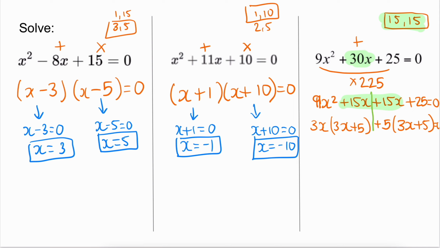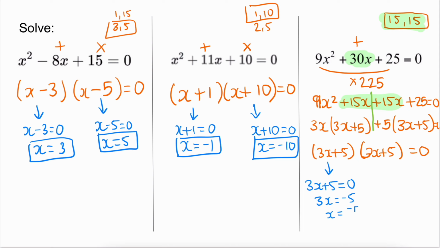So now I know that when I factorize it, I have the bit outside the brackets, so the 3x plus 5, and then the bit in the brackets, which is the 3x plus 5, and that's still all equal to 0. So now that I've factorized it, I can take this side, and I know that this has to equal 0. So if I subtract 5 from both sides, and then I can divide by 3, so minus 5 over 3, and you can leave it as a fraction.